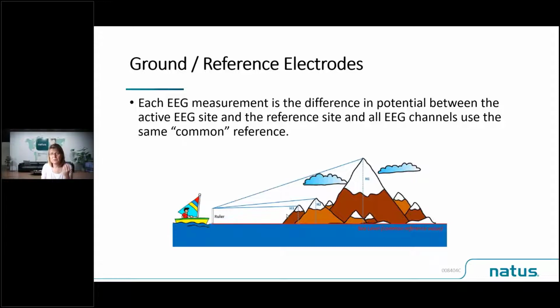If we take the common reference site as the sea level, we're going to use this as the 0 value, and then if we take the EEG sites as the mountains or hills in the landscape, and the electric potential as the altitude of the mountains and hills over the sea level. Okay, so that's what we're going to look at.